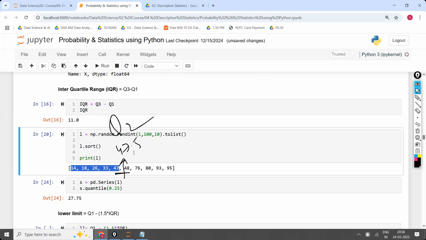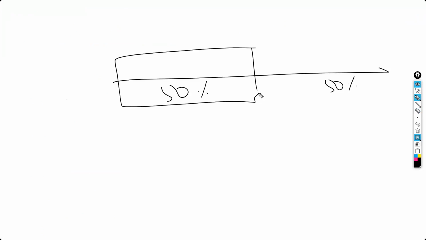See, you have taken 100% of the data. In that you told that this is 50, this is 50, right? You have divided this into two parts. Left side 50% of the data is there, right side 50% of the data is there. Now take the left side data and separate it first. On the left side you are having 5 values, right?